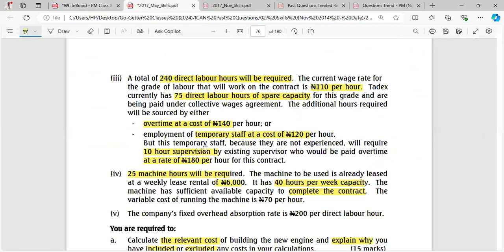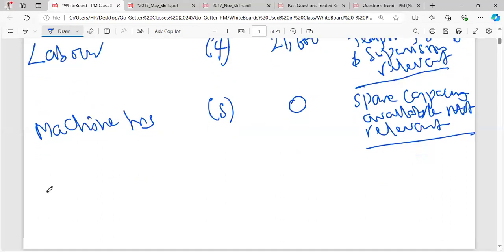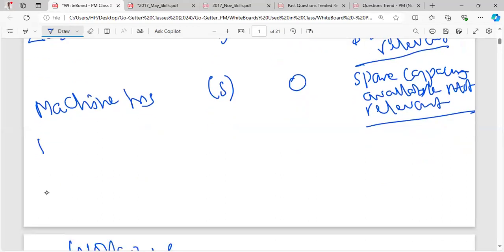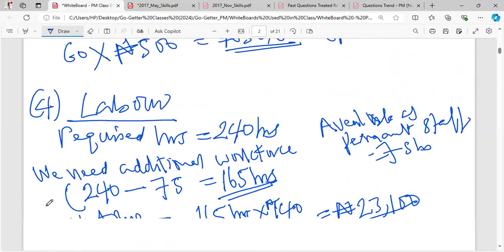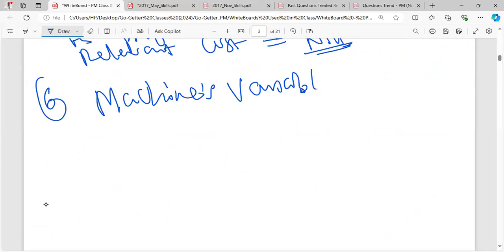Okay, so the next one here is the variable cost of running the machine. So let's look at workings number 6. Machines variable costs.